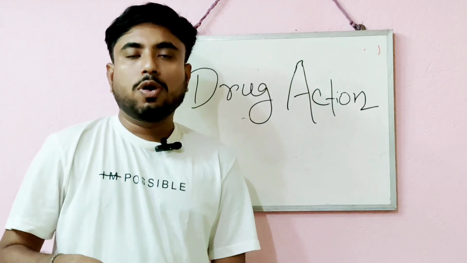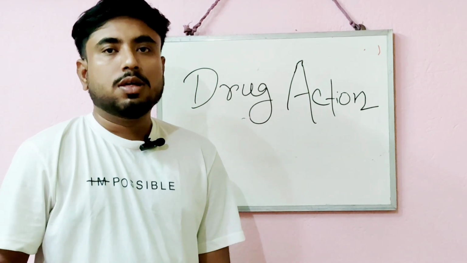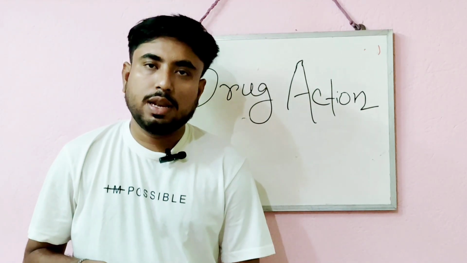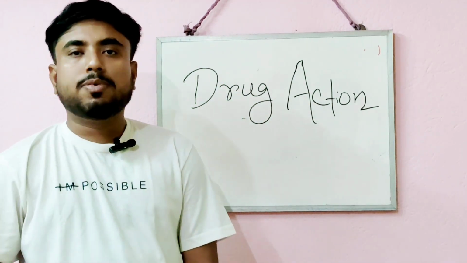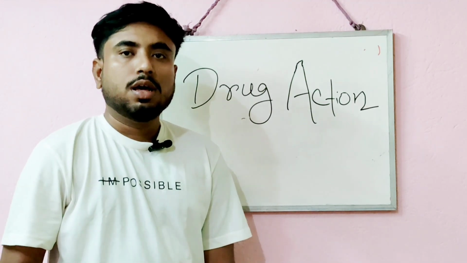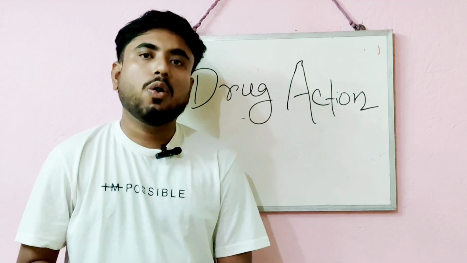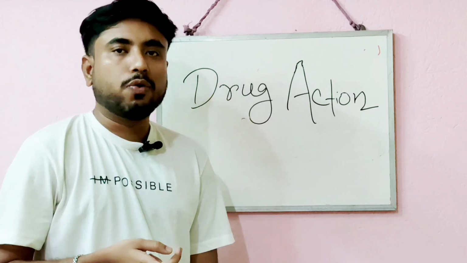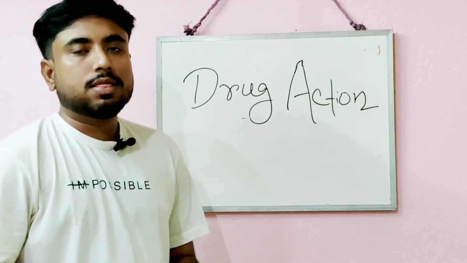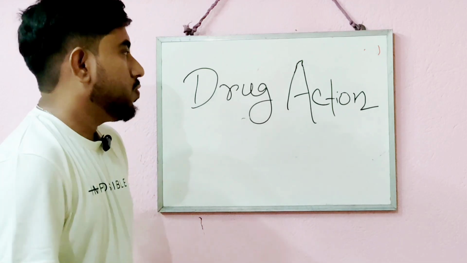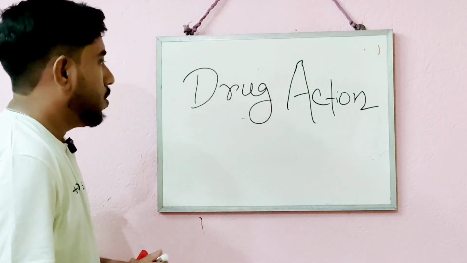Prevention means before any disease occurs, so that the disease can't cause any effect, we prevent it by taking different drugs. Care means after a disease has occurred, how to inhibit and overcome that disease. For that we take the drug. So different actions of drugs are there that we are going to study in this video.